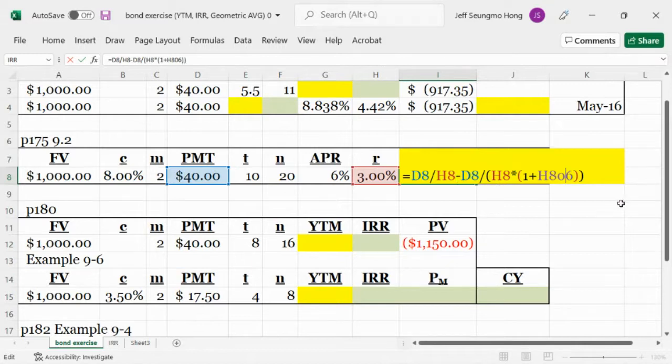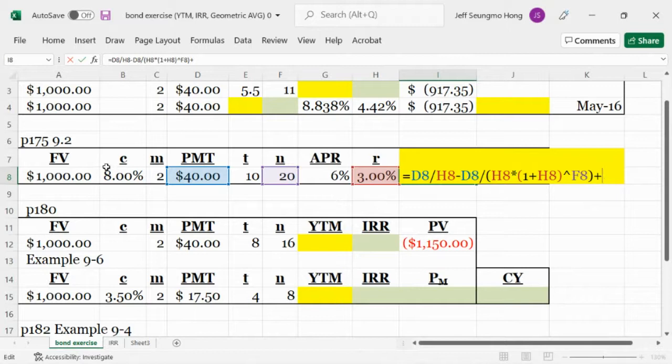It's 80, 8%, raised to N. Okay, yeah, I got that. And for now, that's only the annuity part.